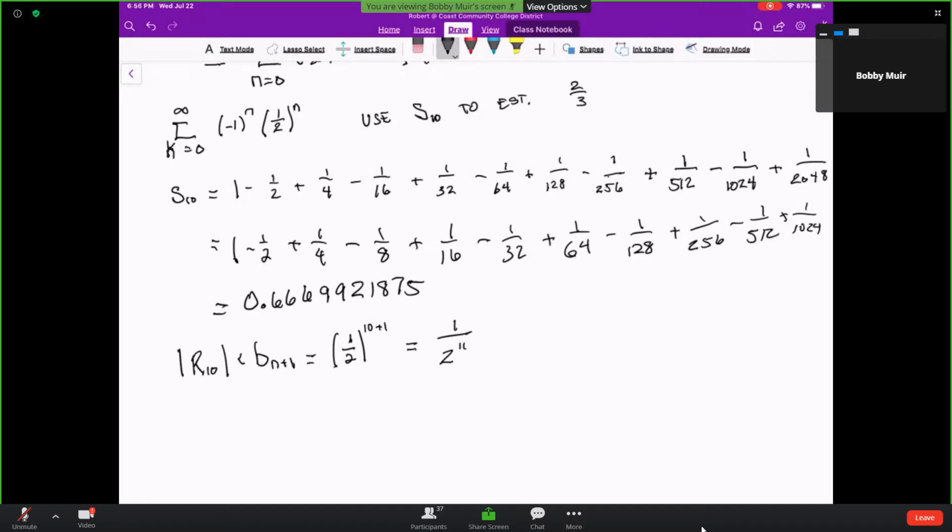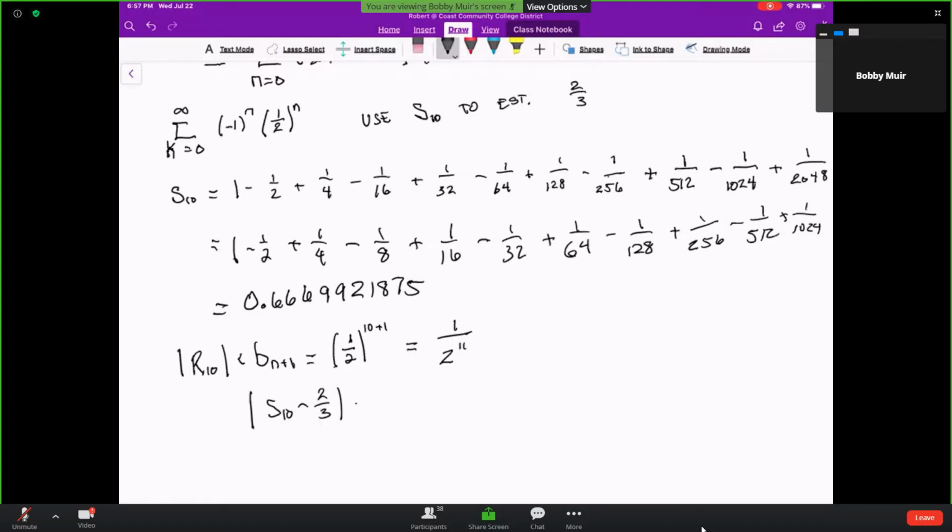If I subtract 2/3 from this number that I got on my calculator, 0.6669921875, I'm going to get S10 minus 2/3.